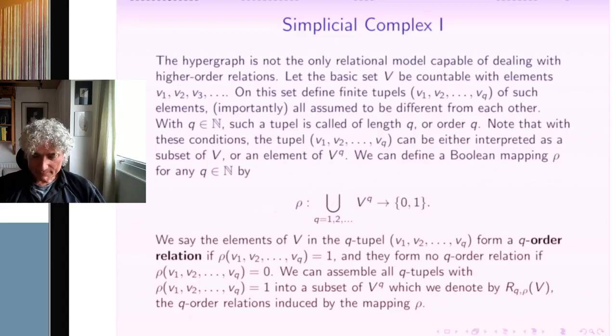But the point about simplicial complexes is that they also describe these n relations that are given by rho, but in the definition you always say that every subtuple, so having only a certain length less than Q, is actually also a part of the relationship.